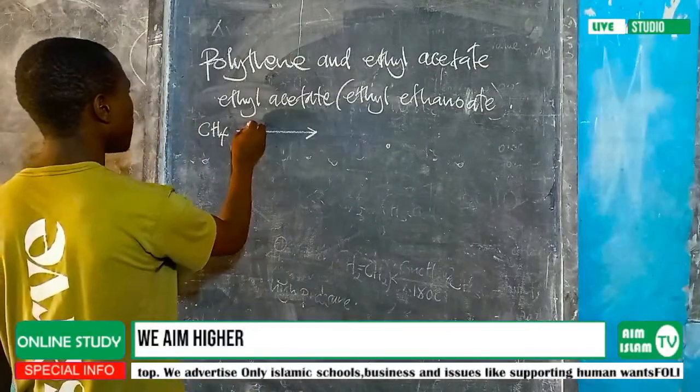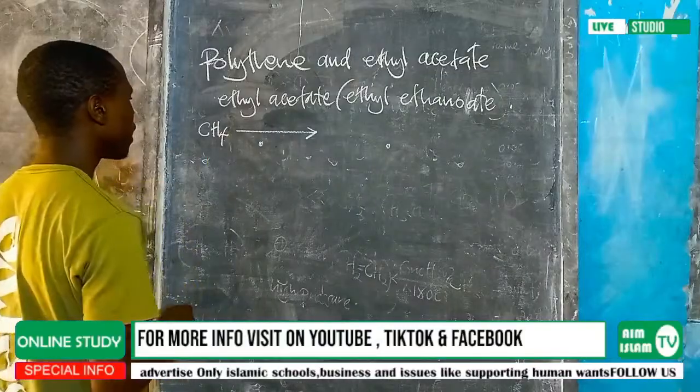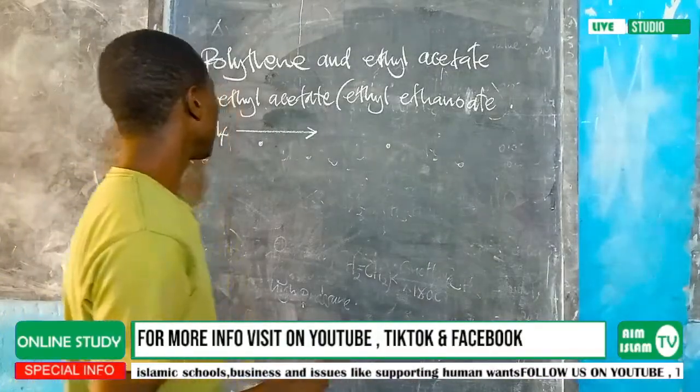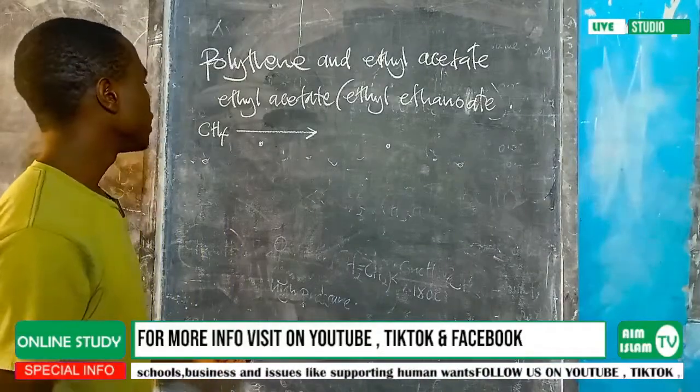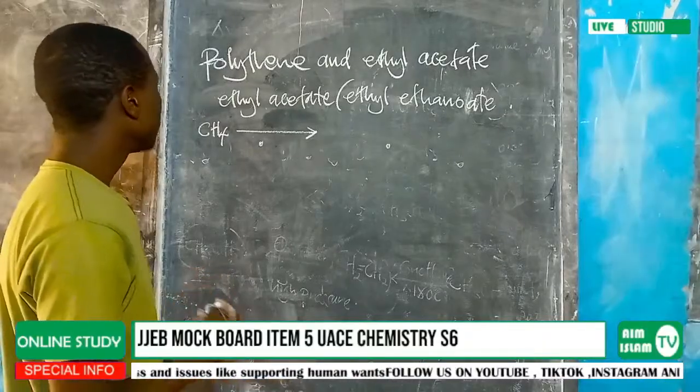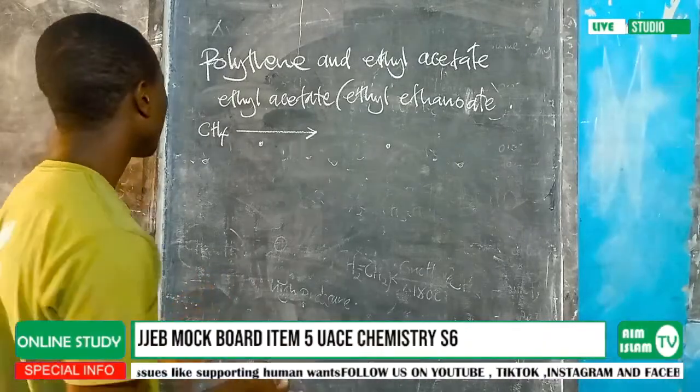I want to make this one an alkyl halide, meaning that a halogen is attached to the alkane, such that I can go through.